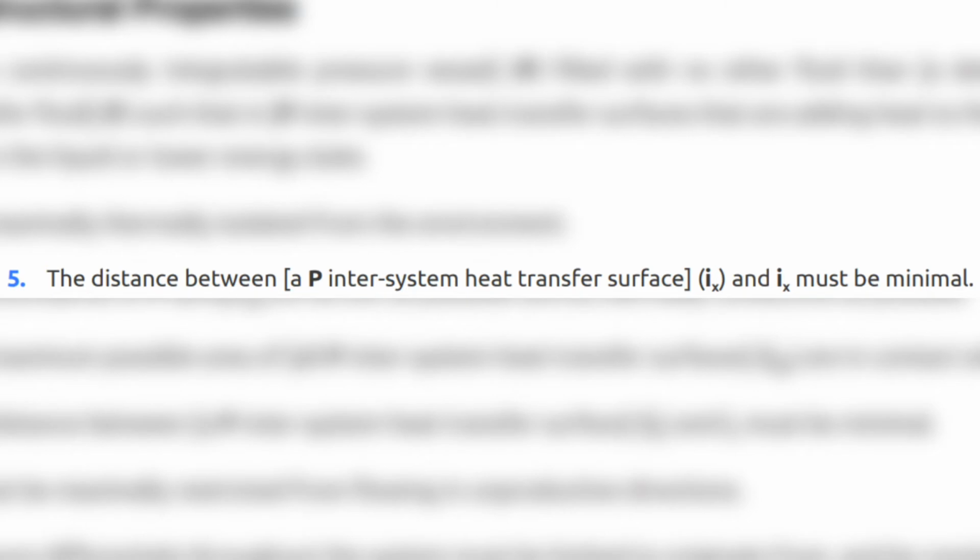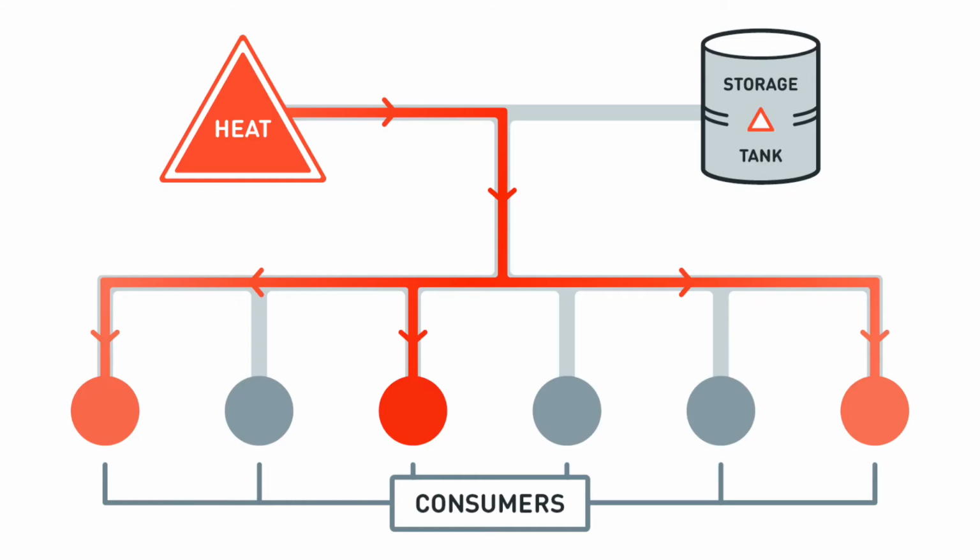The distance between a P inter-system heat transfer surface, IX, and IX must be minimal. This is another one that the vast majority of the time isn't a real practical issue, but it's again good to keep in mind in the designs of practical systems. If you were to have a solar collector in your backyard and you're trying to move that heat into a heat engine in your garage, which is 5 meters away, and you had some giant spiral that's 5 kilometers long before you actually sent the heat to that heat engine, you're going to end up having losses there.